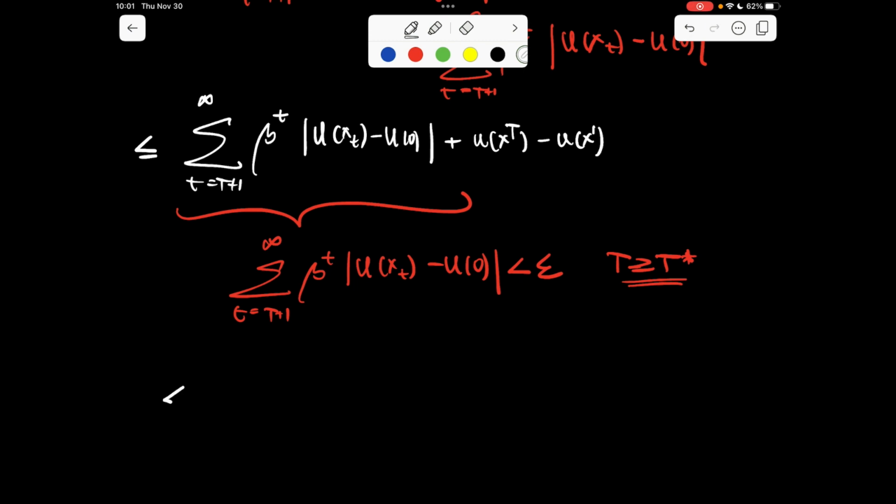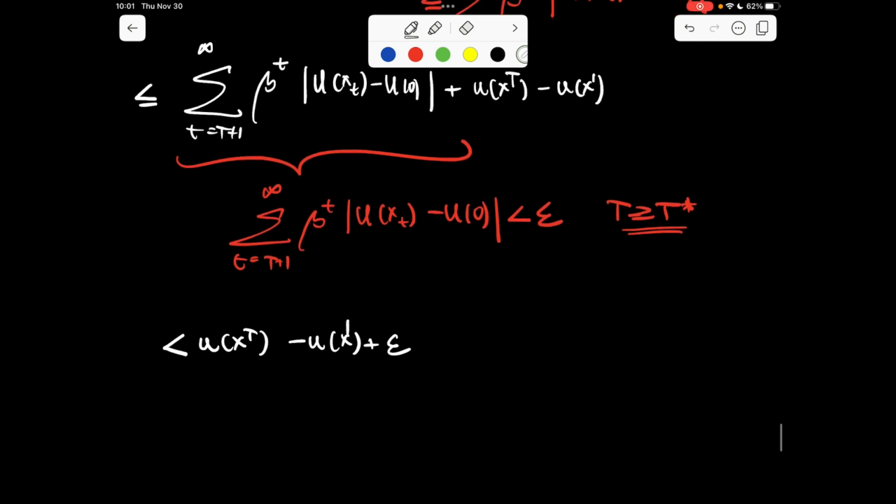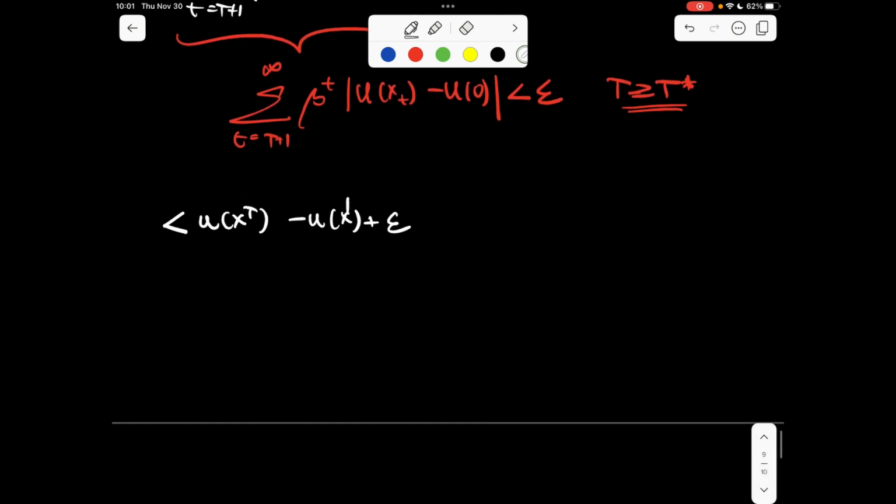So from this inequality comes, and given the fact that epsilon can be reduced to any low level, we have the following fact.